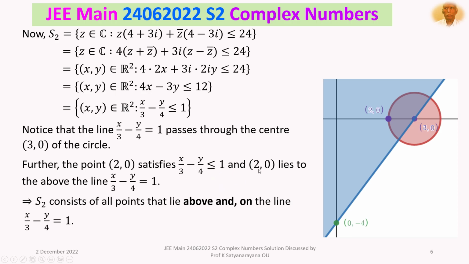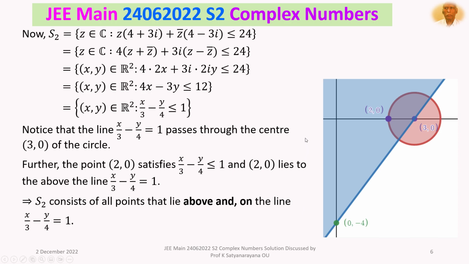The region decided by this inequality is the region in which (2, 0) lies, that is, above the line or to the left of this line.